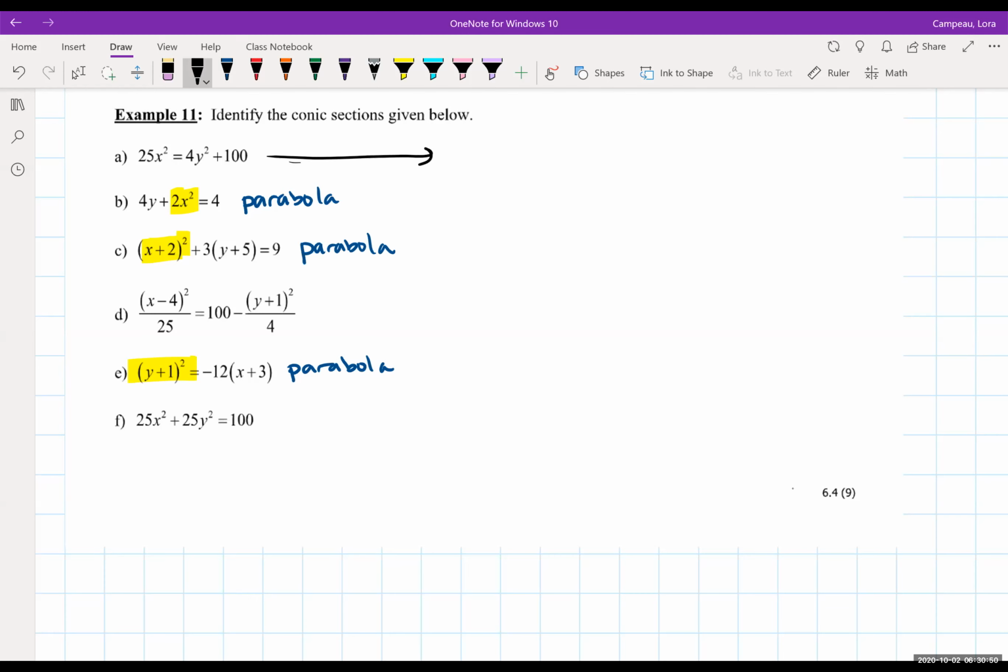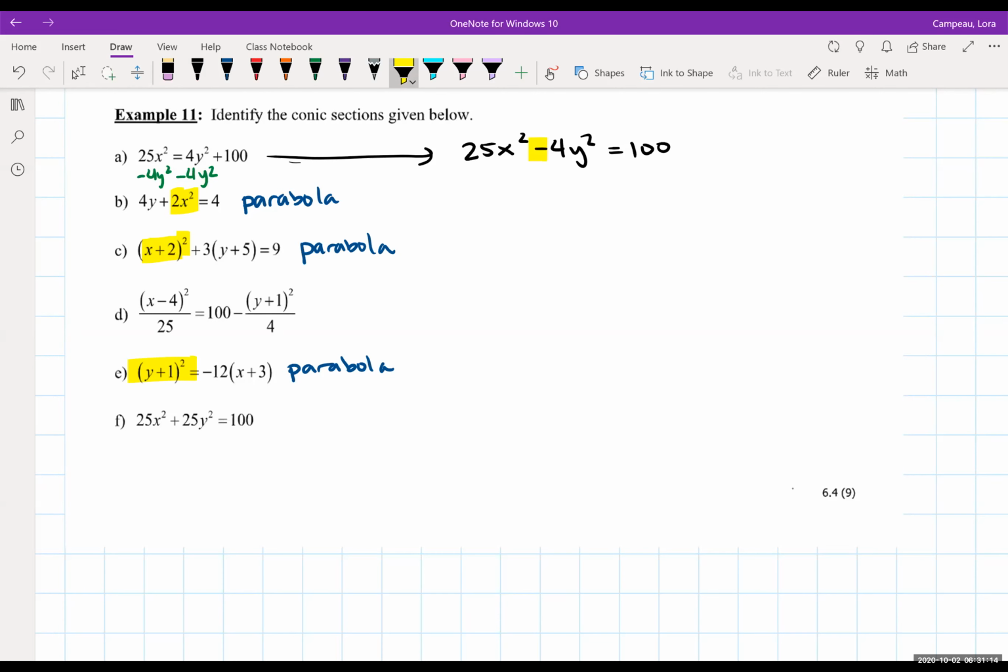I see that the y squared is on one side, the x squared is on the other side. So it might be useful if I were to subtract 4y squared from both sides. So that's going to give me 25x squared minus 4y squared equals 100. And I don't have to go further, but you can.